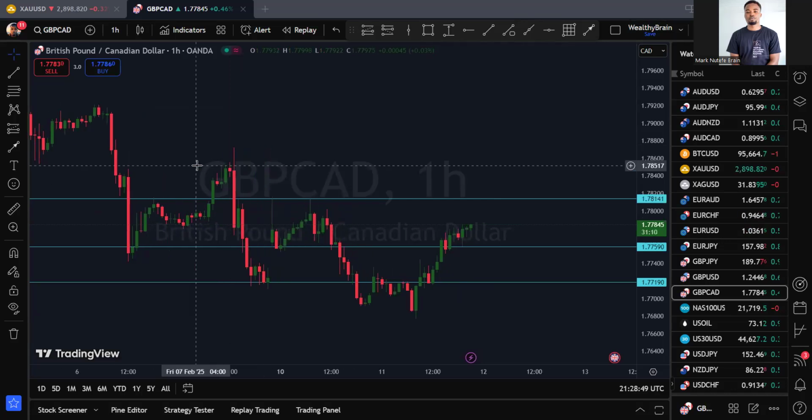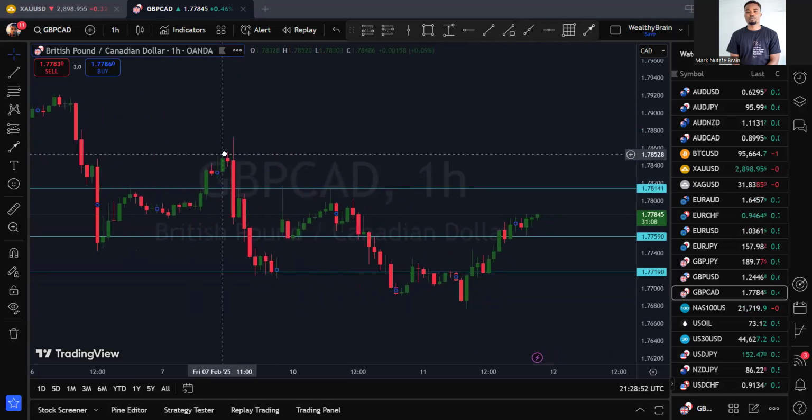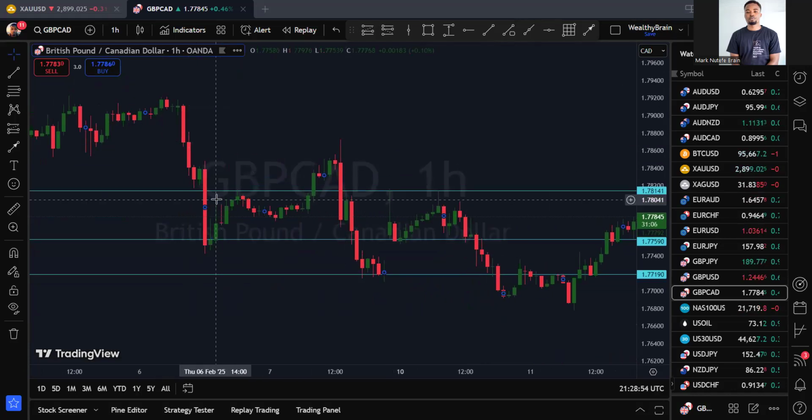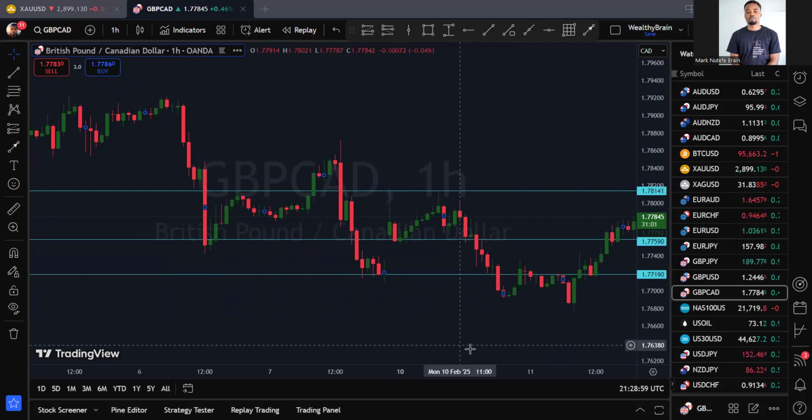So when you look at the candlesticks, you can see the green and the red. These are the red ones. Let me annotate them really quickly for you. So we have red, red, red, red, red, red, green, green, green, green, green.